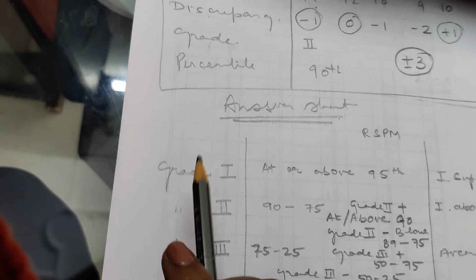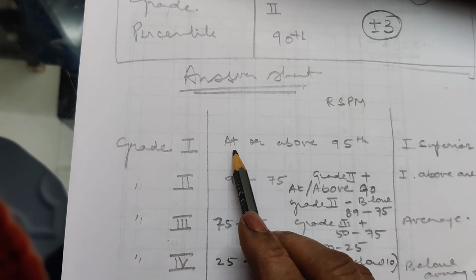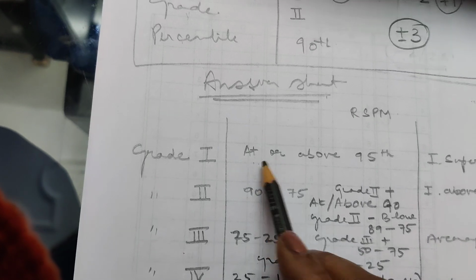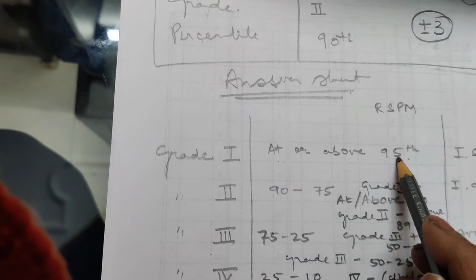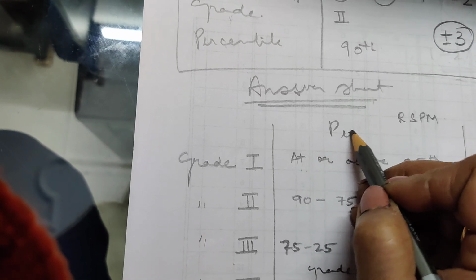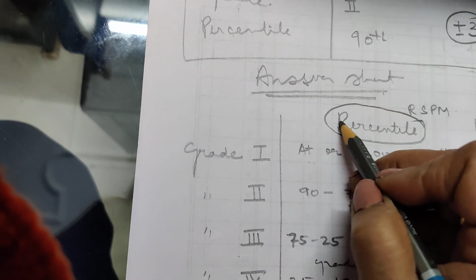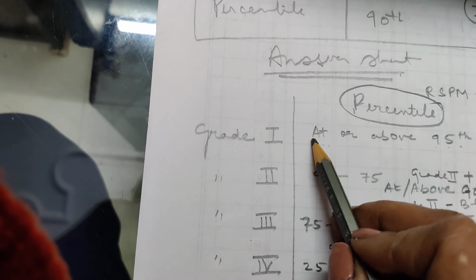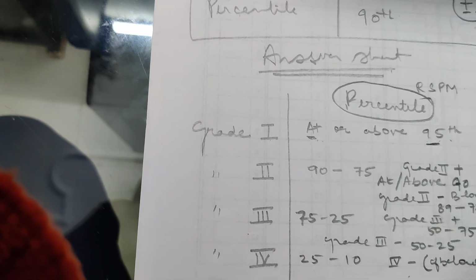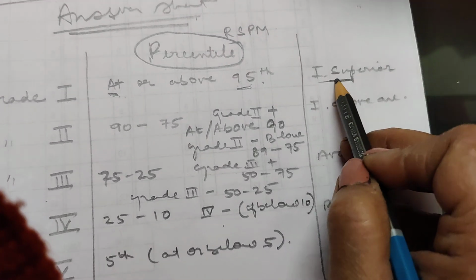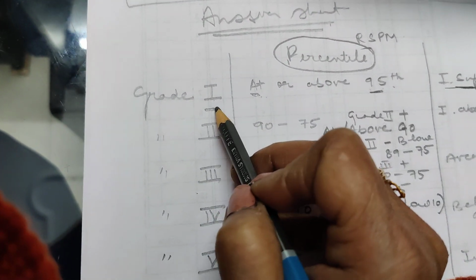If the score, the percentile, here we are talking about the percentile, the percentile we had calculated from the reference sheet, if your percentile is at or above 95, you are intellectually superior and you fall in grade 1.